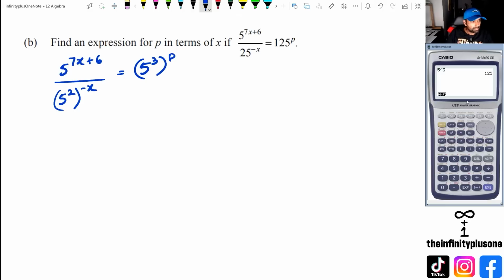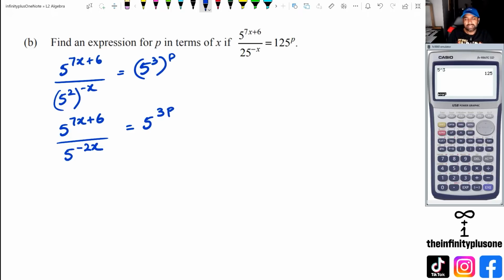So with that in mind, let's just do this. What I want to do is get rid of those brackets there. To do that, I can write this as 5 to the power of 7x plus 6 divided by 5 to the power of 2 times negative x, which is negative 2x, equals 5 to the power of 3p.